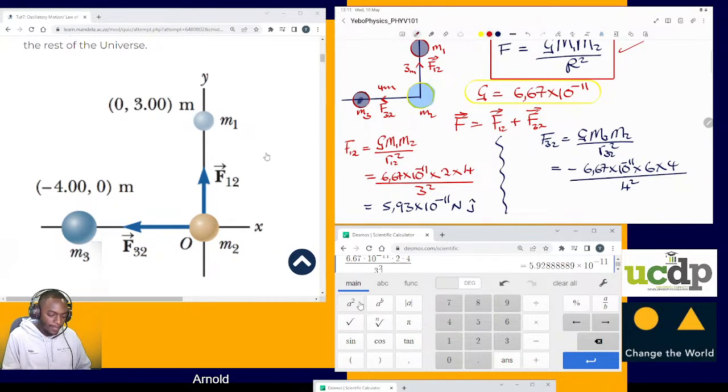Then let's do the same and calculate for the other force.